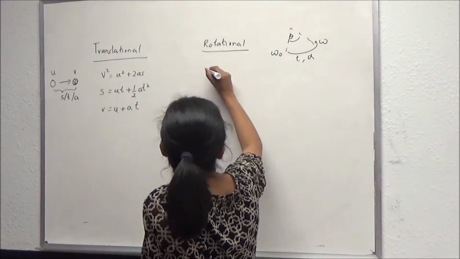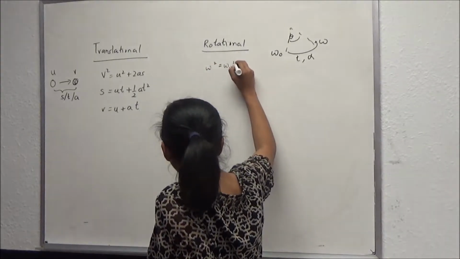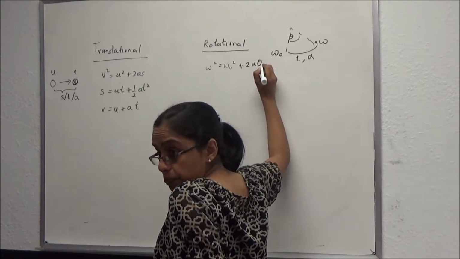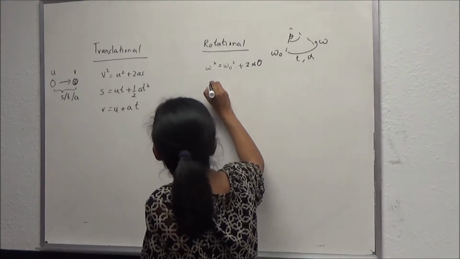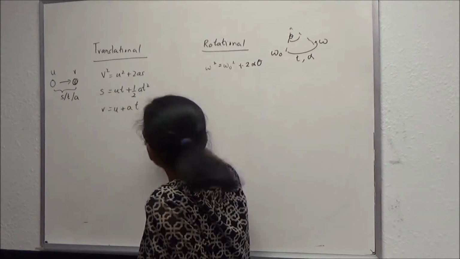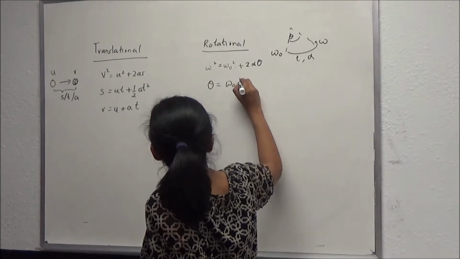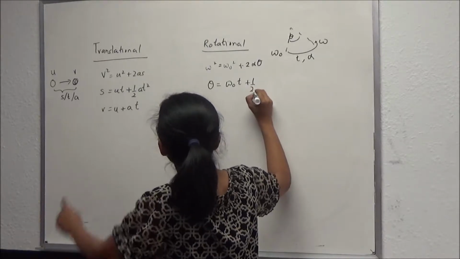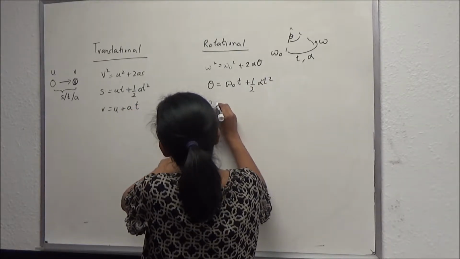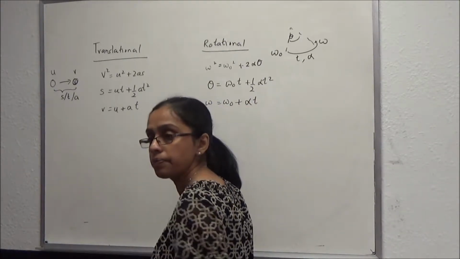So omega squared equals omega naught squared plus 2 alpha theta. Then theta equals omega naught t plus half alpha t squared. Omega equals omega naught plus alpha t.